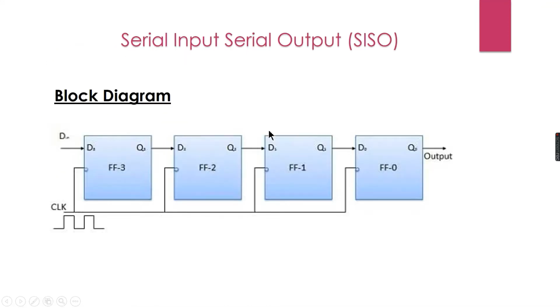Now our first shift register, SISO, serial input serial output. Actually, what is happening here? We have four flip-flops: FF3, FF2, FF1, FF0, and the same clock is applied to each one of them.